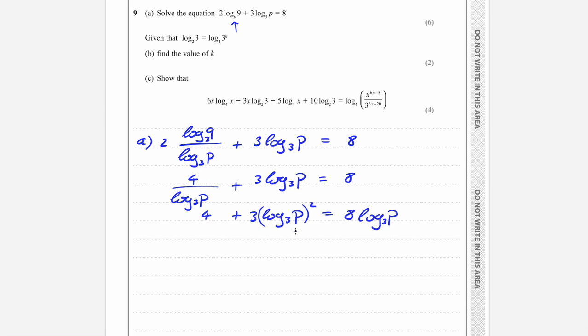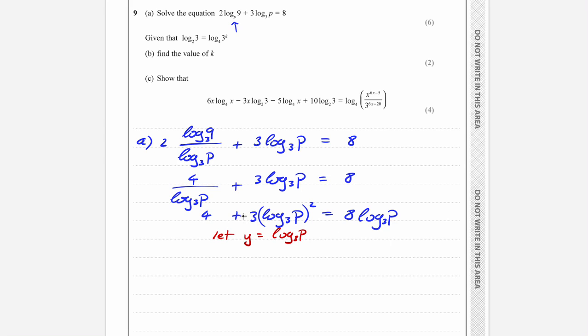Now this is, again, guys, what I like to call quadratic in disguise, or a hidden quadratic. Let's do the let first, guys, just because it'll be a bit nicer. I'm going to say let y equal log p base 3.